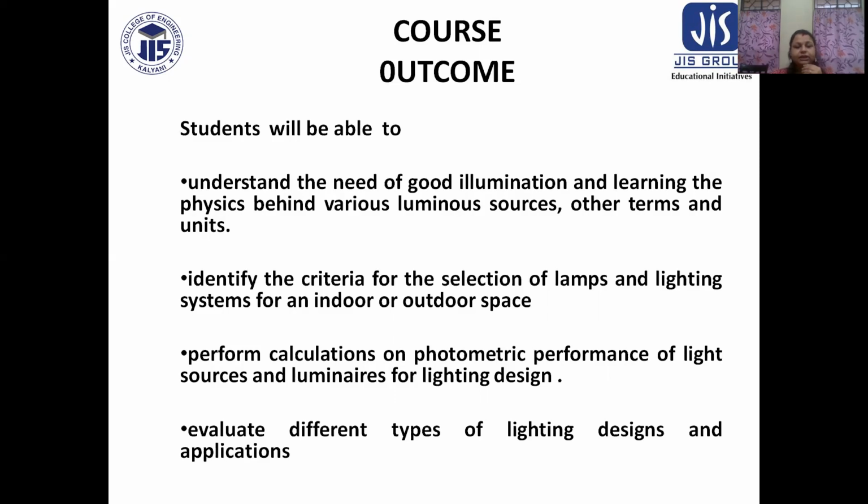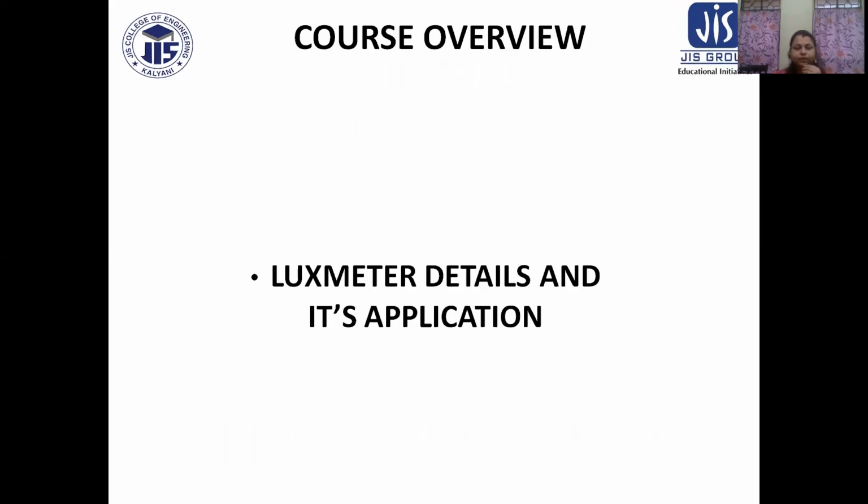They can identify the criteria for the selection of lamps and lighting systems for an indoor or outdoor space. They can perform calculations on photometric performance of light sources and luminaires for lighting design. They can evaluate different types of lighting designs and application. Now, course overview. Today's course overview is lux meter details and its application.